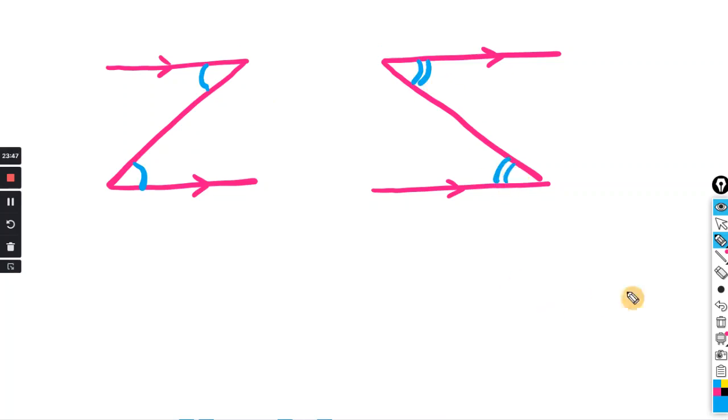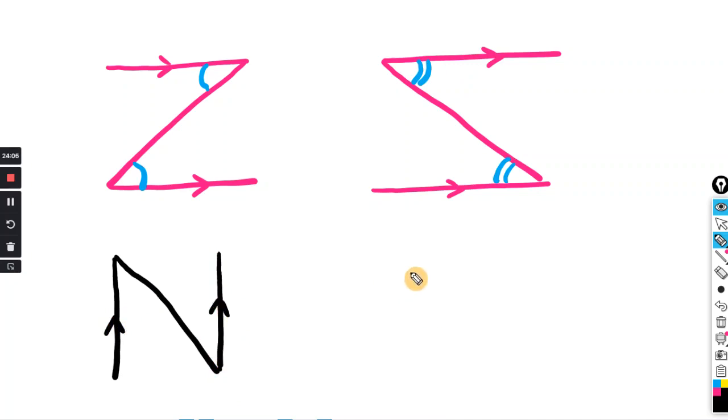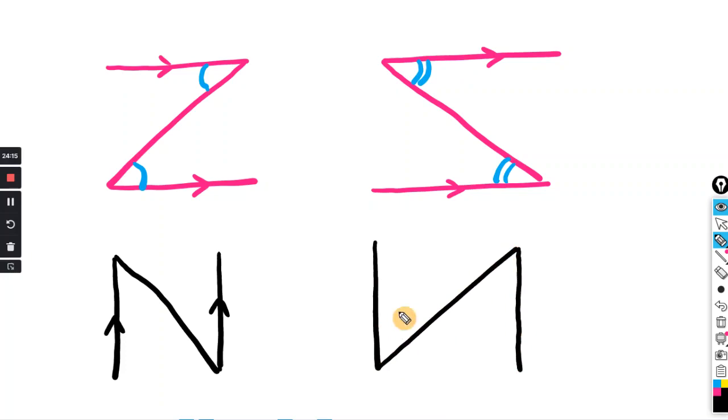And by the way, this also works for an N shape. So if I make the letter N with parallel lines, or if I make a backwards N like that, backwards N with parallel lines, it is still the same principle.